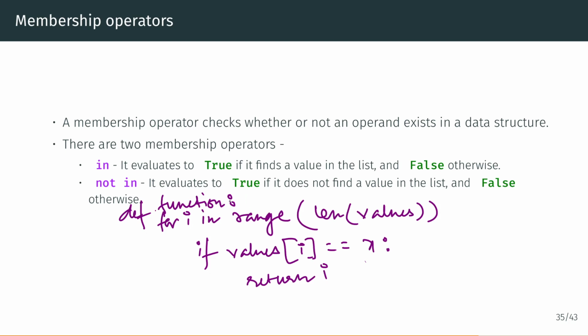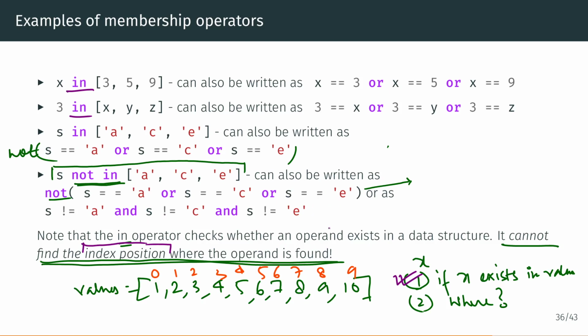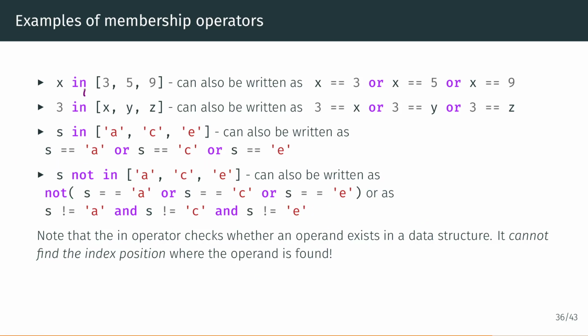The function takes two arguments, a list of values and a number x. So to summarize this part, the in or not in operator only tells you if an operand exists or not. It cannot tell you the index position if it exists.